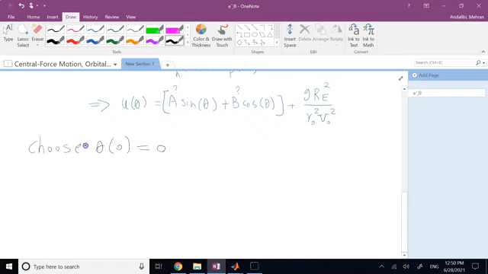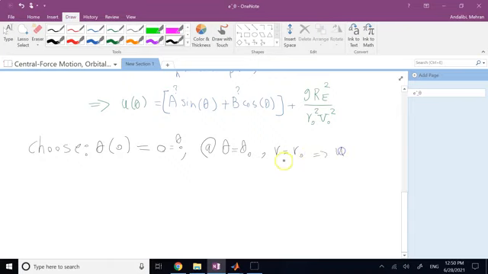It's not going to change anything, this assumption of initial angle to be 0. So if I choose that, then I can say that at initial theta, correct? What's r? R equals r naught.